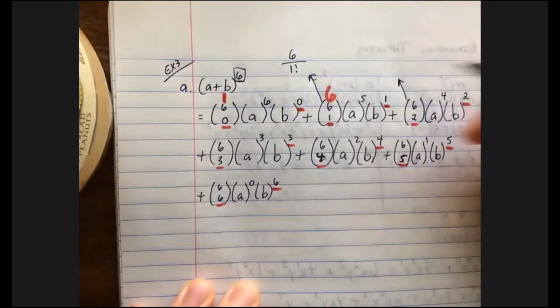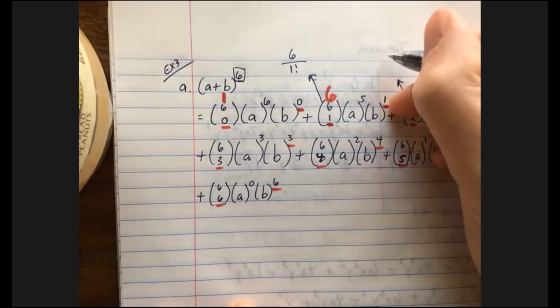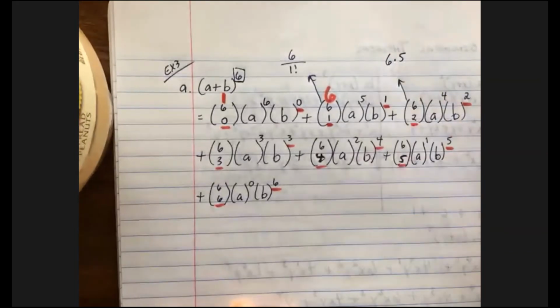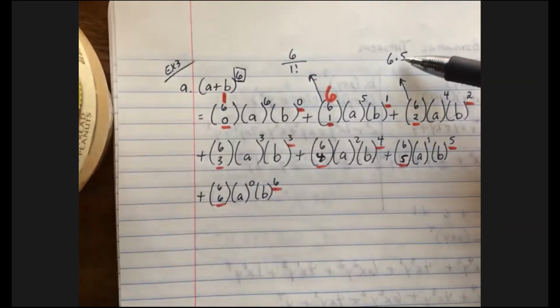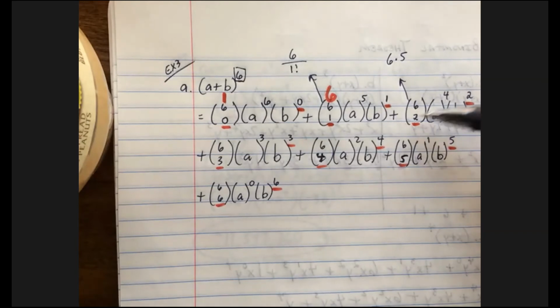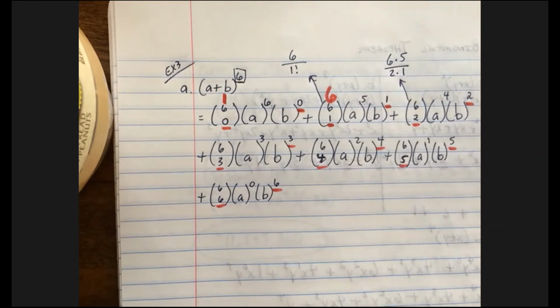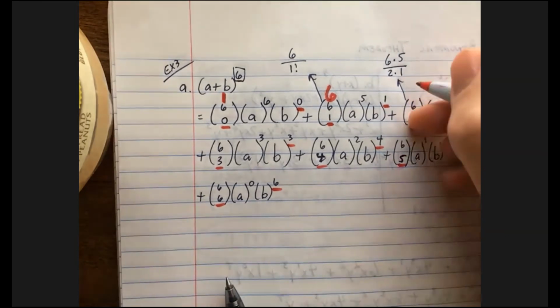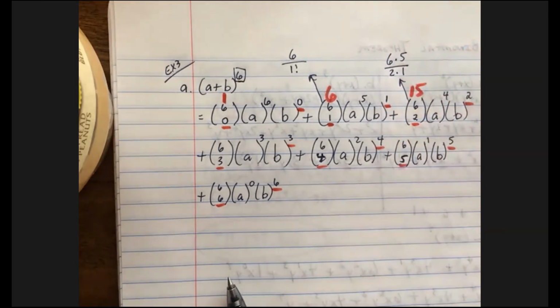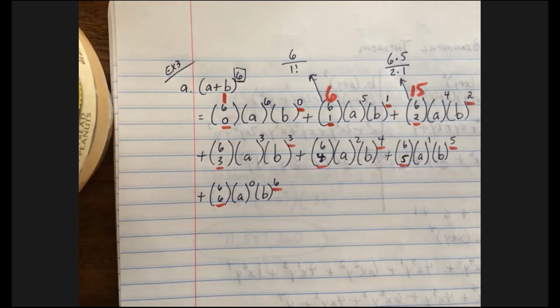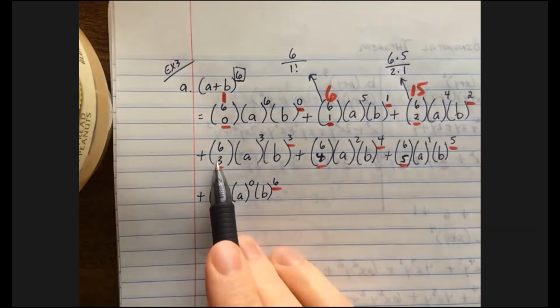Do the same thing right here for 6 choose 2. We're going to write 6 times 5. Well, now we've written 2 numbers, because that's what we're supposed to write, 2 numbers, over 2 factorial, so over 2 times 1. 6 times 5 divided by 2 times 1 is 15. All right, now we're on 6 choose 3.